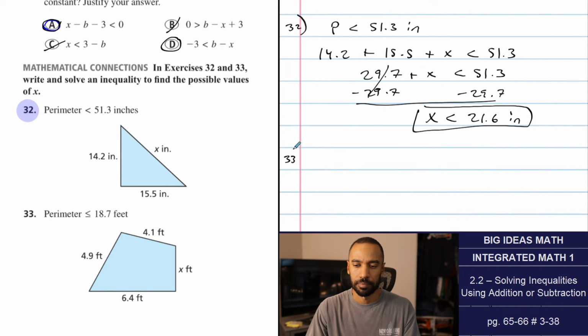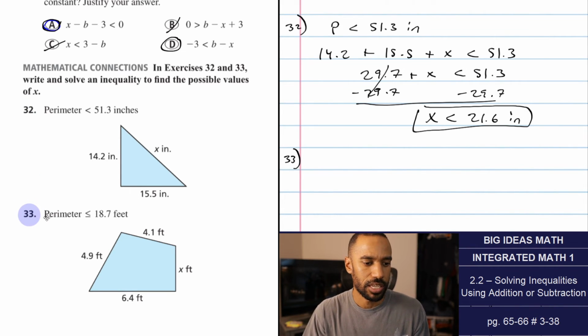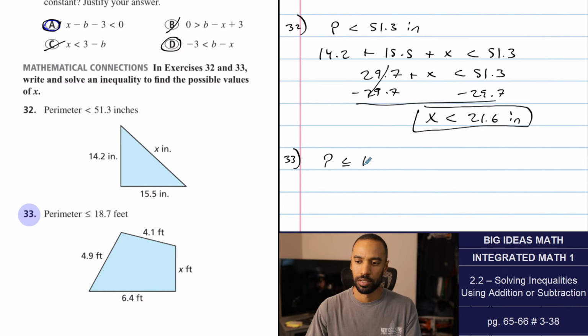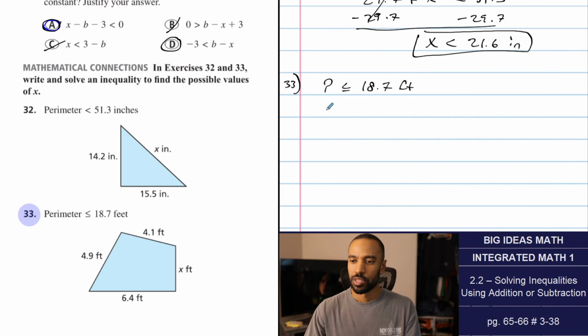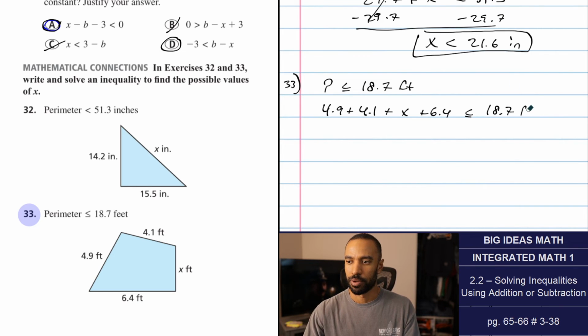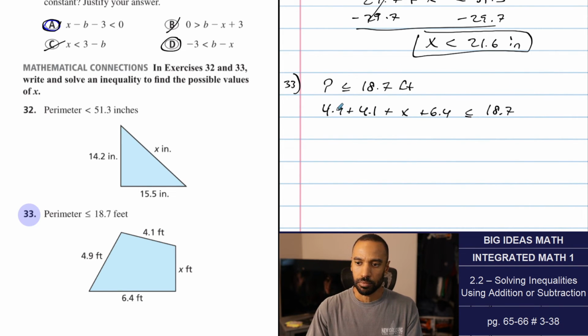Number 33. Our perimeter here must be less than or equal to 18.7 feet. So on this one, we get to do the sum of these four, 4.9, 4.1, x, and 6.4. I don't have to put feet right there. Leave it.